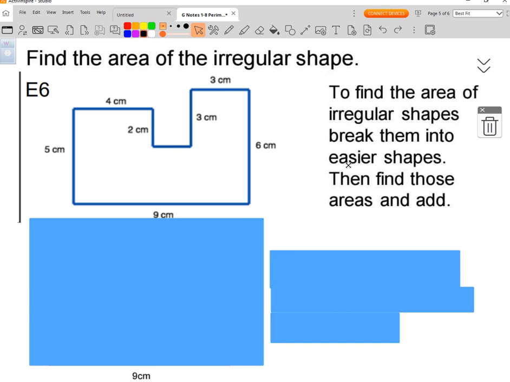Sydney, are you not taking it? To find the area of irregular shapes, break them into easier shapes, and find the areas and add.